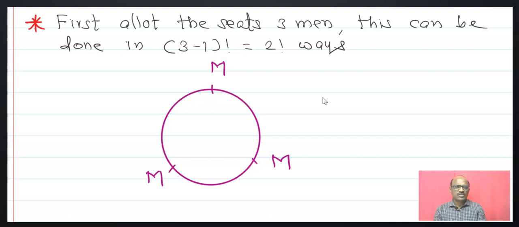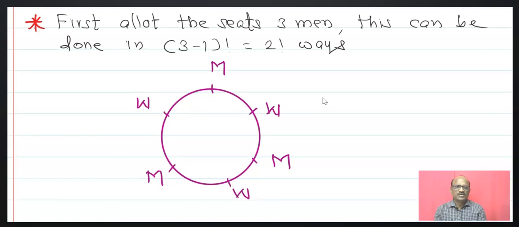That is, only 2 possibilities will be there, left and right. Now these positions are the positions of the woman. Now see this here.